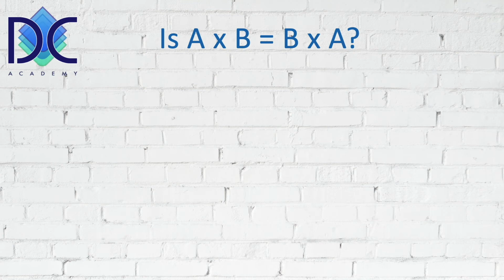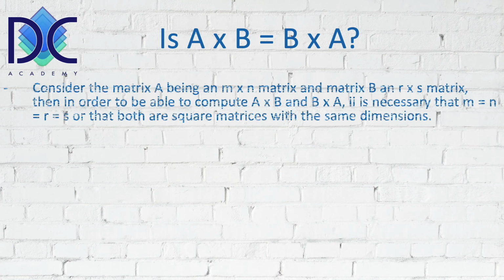Now, the first thing to say about this is when we have a matrix A being an M times N matrix and B is an R times S matrix, in order to be able to compute A times B and B times A, it is necessary that M is equal to N, is equal to R, is equal to S. It means that we can only do that when the matrices are square matrices with the same dimensions.